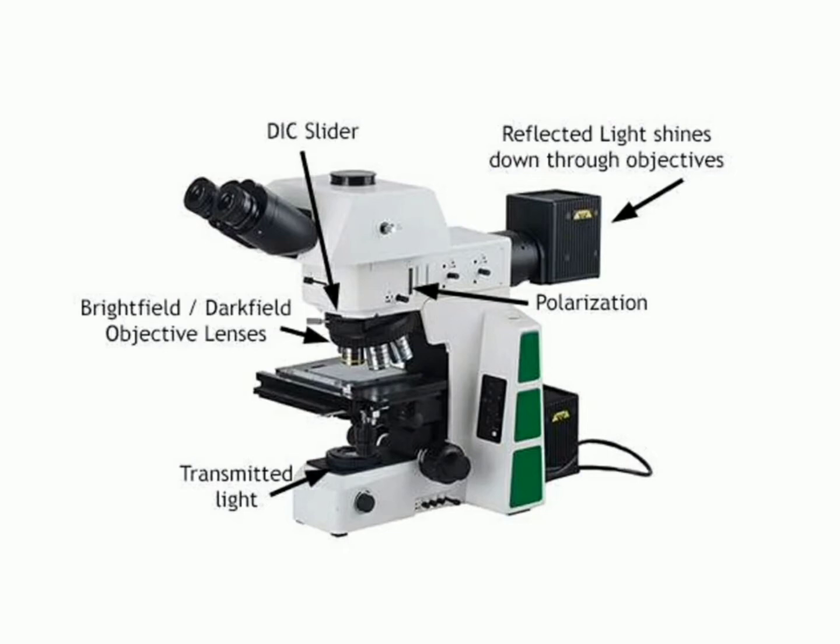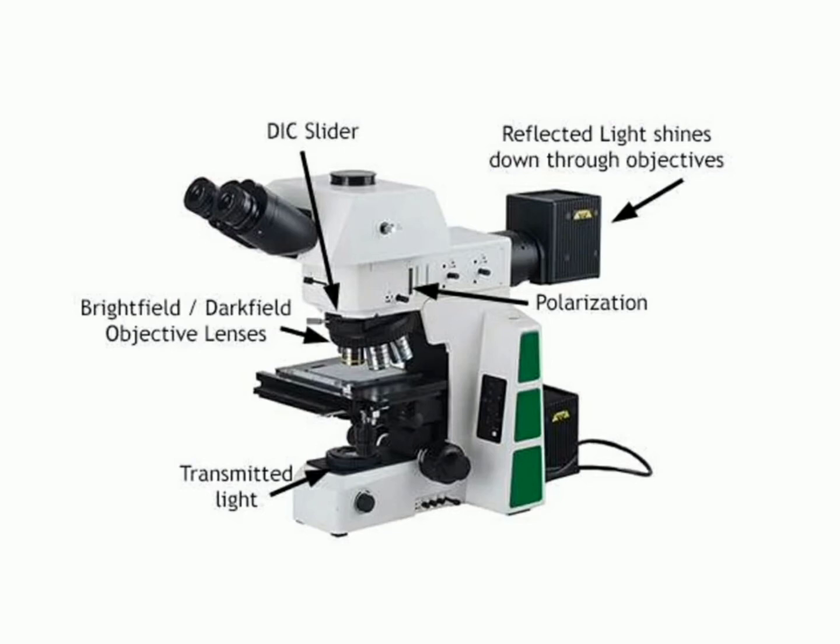Then after the transmitting light, glass is placed below the objectives. Then DIC slides are given to adjust the specimens under the different objective lenses. So this is the typical diagram and typical construction of a metallurgical microscope.